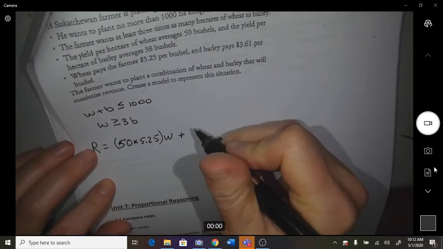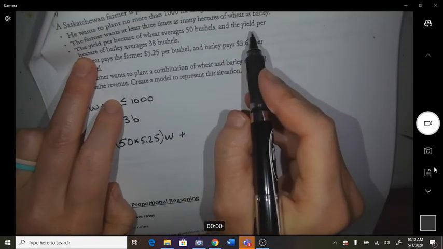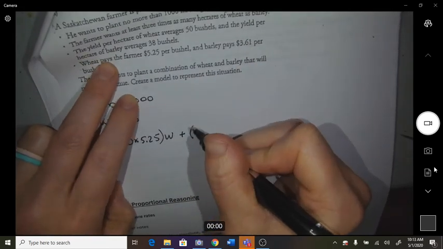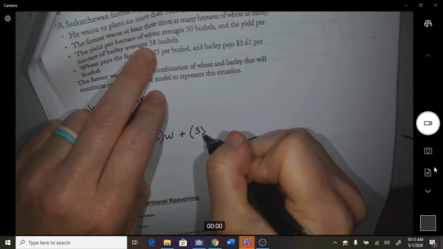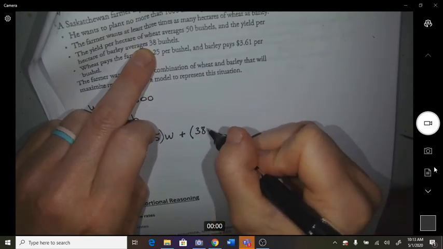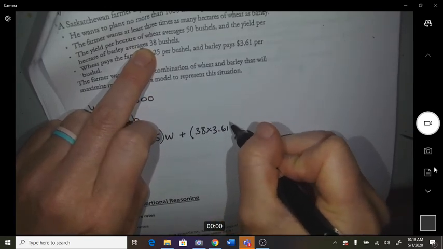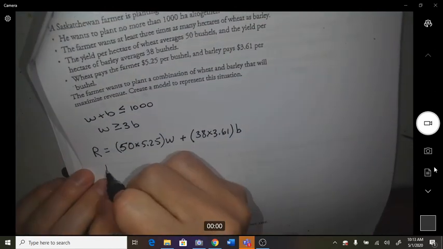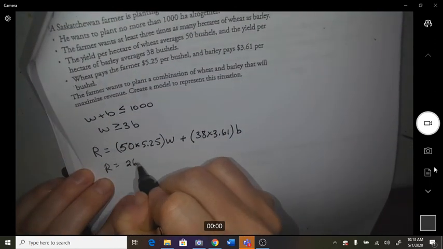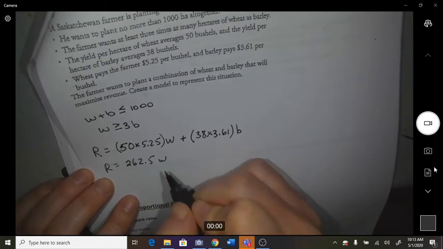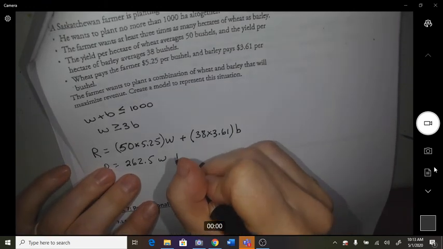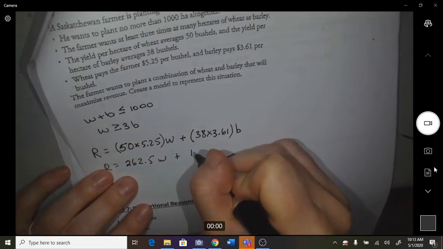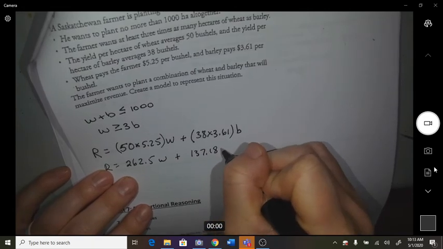Plus, for the barley, each hectare produces 38 bushels, and then each of those bushels pays 3.61. Okay, so if we want to simplify it, each hectare of wheat will pay out $262.50, and barley $137.18.